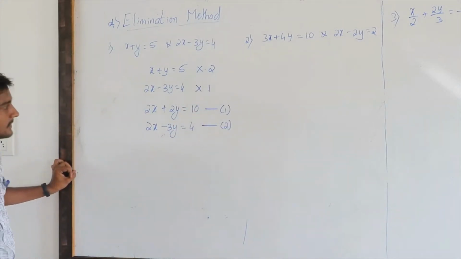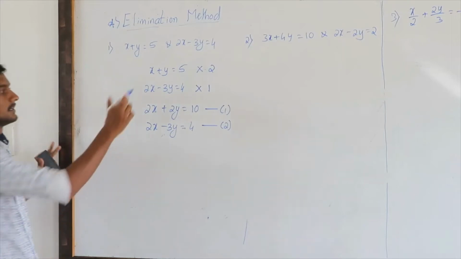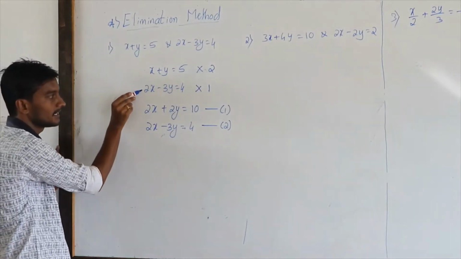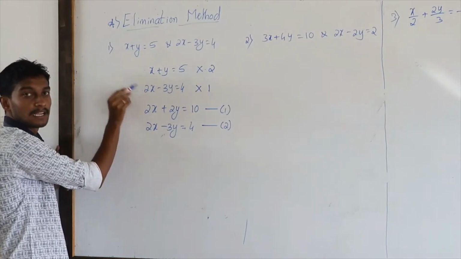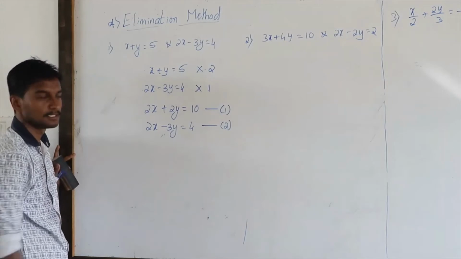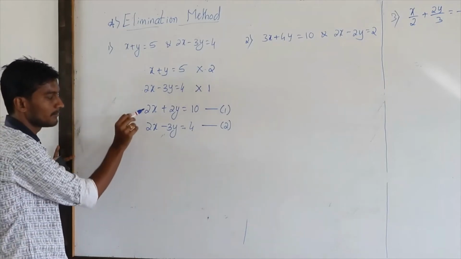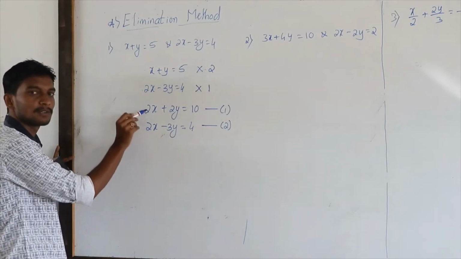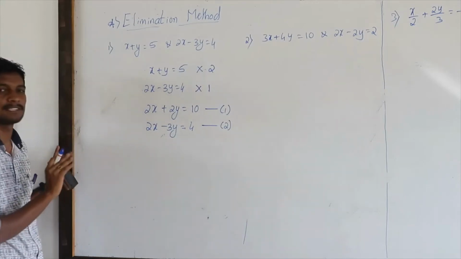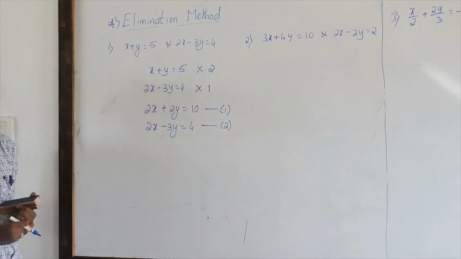Now observe here, x is plus, here also it is plus. Elimination means you have to cancel, you have to eliminate. To eliminate, I have made both the x coefficients the same. But if both x coefficients are the same, it is not possible to cancel directly.